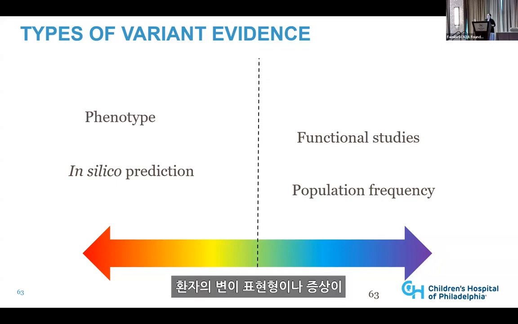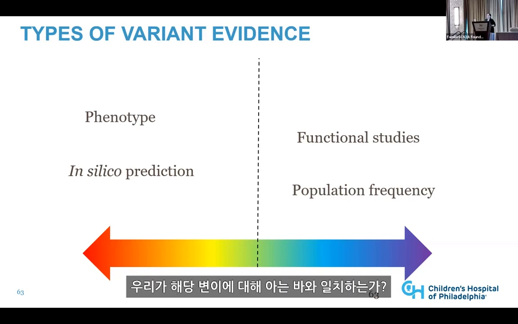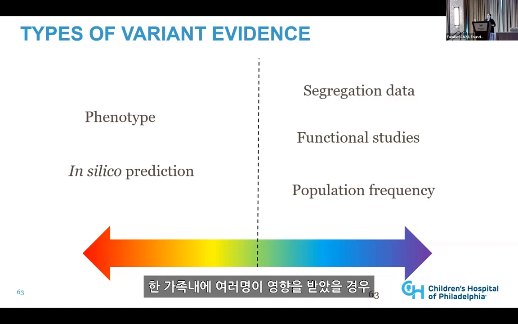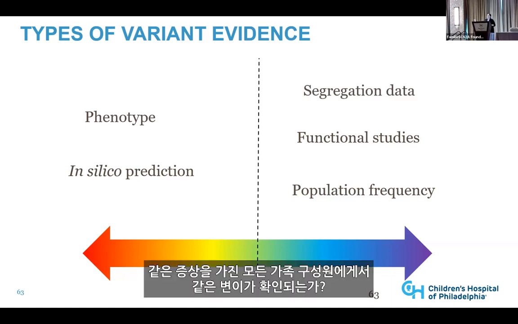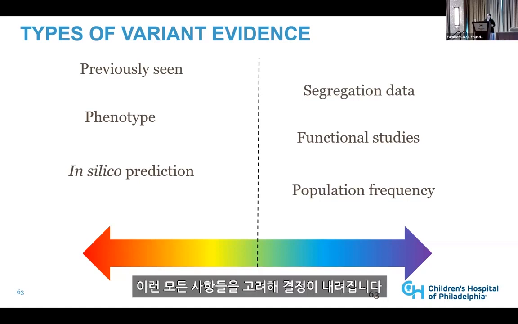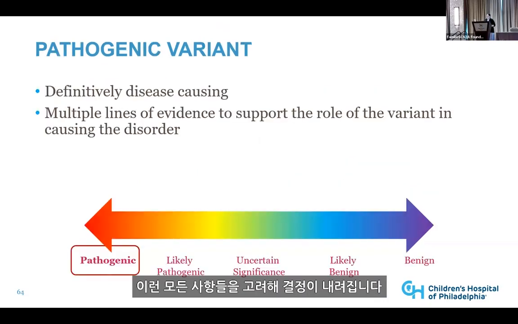Does the phenotype of that individual, or the symptoms that they have, align well with what we know about this gene? If there are multiple affected people in the family, is this change found in everyone who has the same symptoms? And has the variant been seen before in other people in the medical literature? These are all things that are weighed when making these decisions.